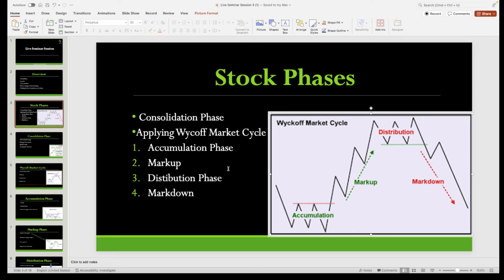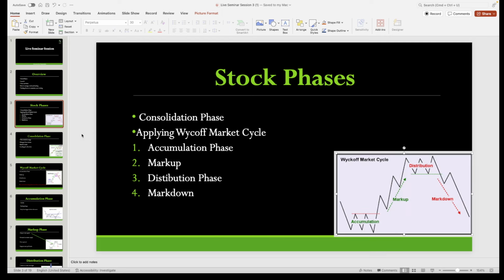So what is the accumulation phase? That's when price is being bought and people are starting to look for entries. Then you get your markup phase, which is the phase where the stock is moving up. Again, it provides potential entries. You get your distribution where that stock is being sold, and markdown where we're entering a bearish trend.